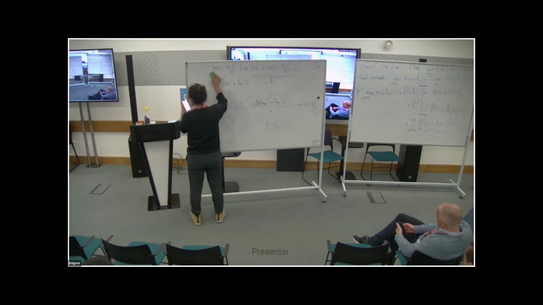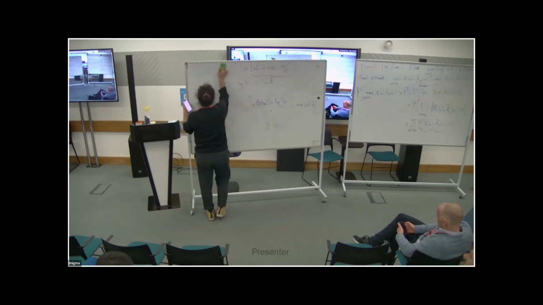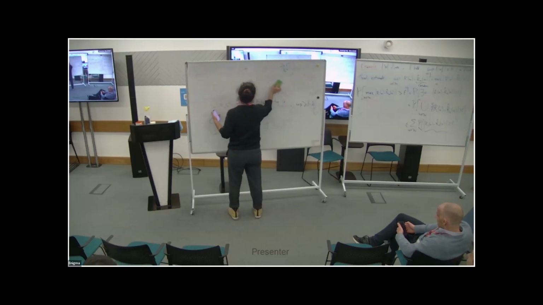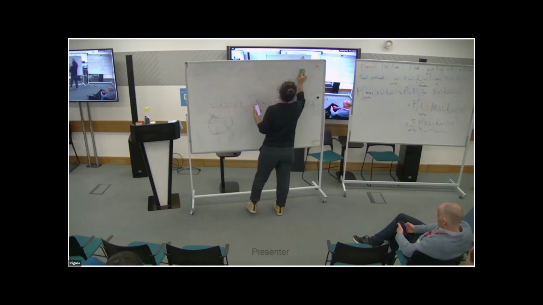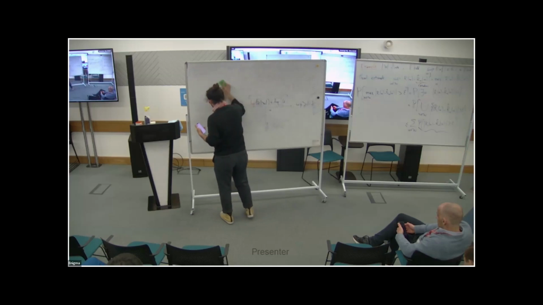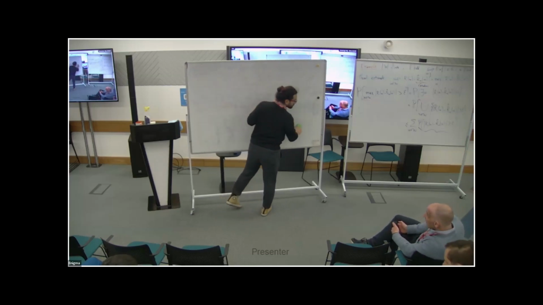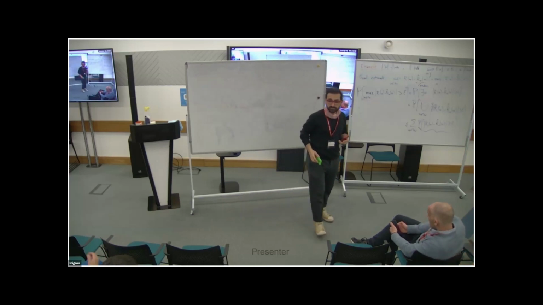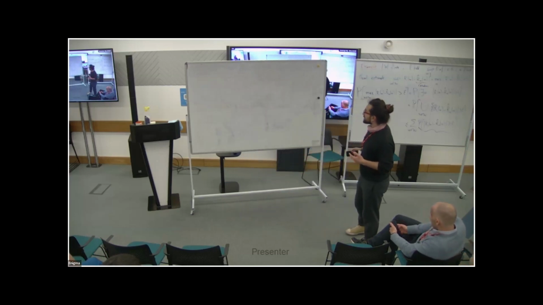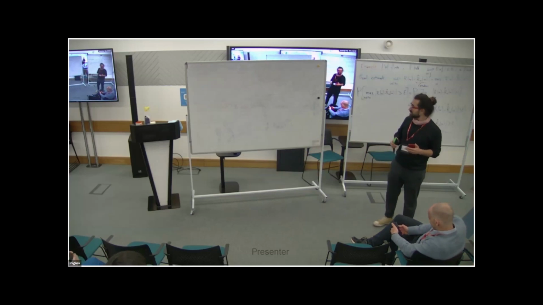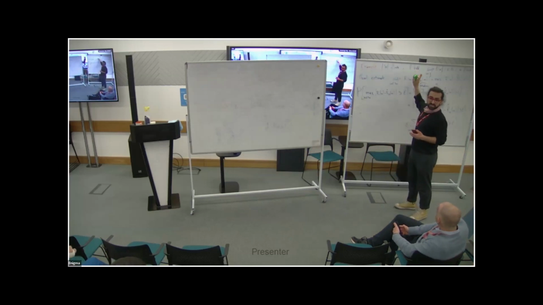If everything is bounded, can I ask you a question? So the conclusion of this first part is that everything is bounded, we have a good bound? Not necessarily. This can be unbounded and we can still have a good bound.